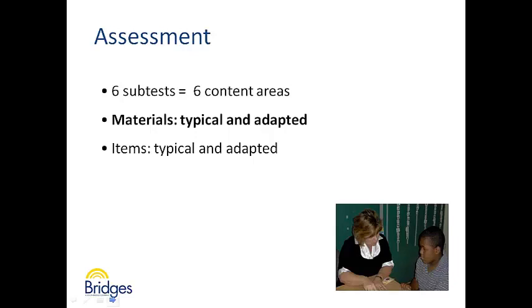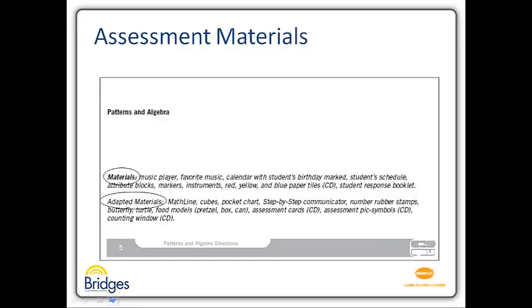And then there are materials required for the assessment that I mentioned. There are typical materials and adapted materials. So for example, at the beginning of the Patterns in Algebra subtest in the flipbook, you'll find a list of materials required in order for you to administer this assessment. The first list of materials are typical materials.